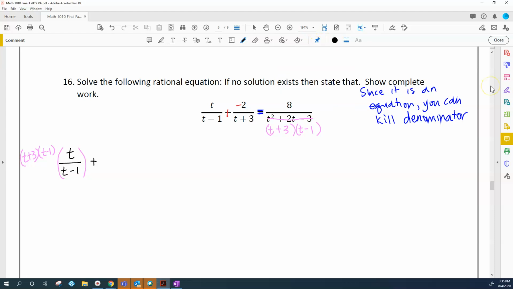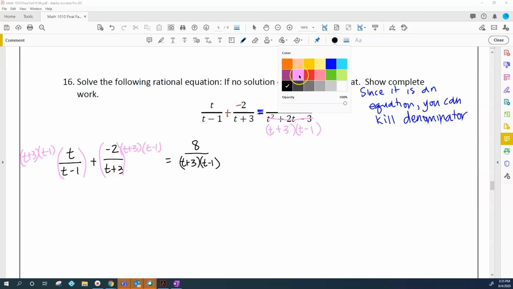So negative 2 over t plus 3, times t plus 3 times t minus 1. And then that's going to equal 8 over, whoops, and then multiply all of that by the LCD.